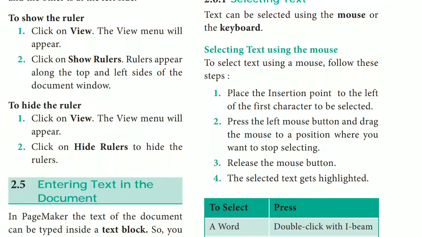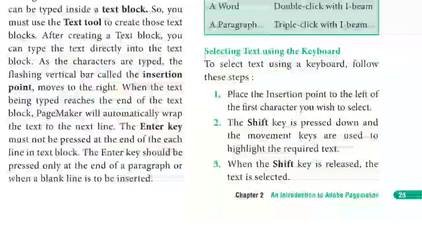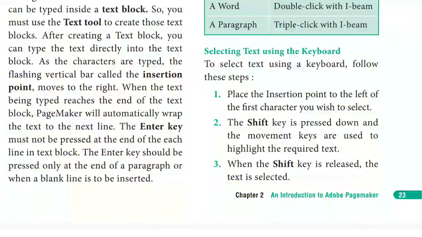You can use navigation keys. You have to press and hold the Shift key and select the entire paragraph of text which you have typed by using the navigation keys, and release the Shift key after you finish selecting it. This also will highlight the selected text.